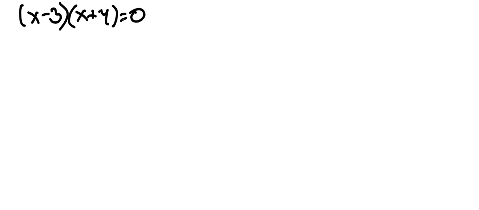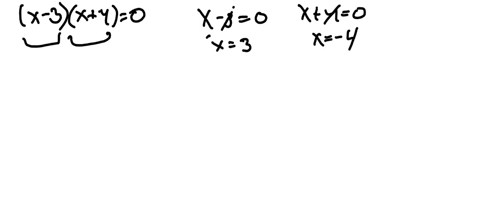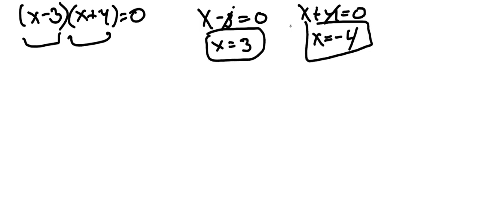Well, if we have two quantities that multiply to 0, that means x minus 3 can equal 0, since 0 times x plus 4 is 0, or x plus 4 equals 0. So, you just solve these equations. x is equal to negative 4, x is equal to 3. Those are your two solutions to this equation.